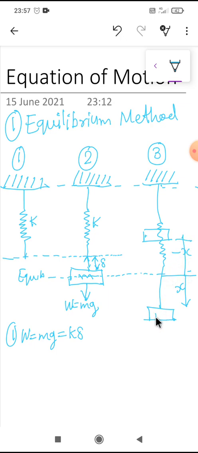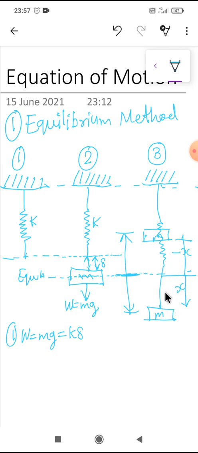Here the mass is the same, so it will oscillate between these two positions, that is the maximum and minimum position from the equilibrium position. It will move downward and upward through a certain distance, that is x.